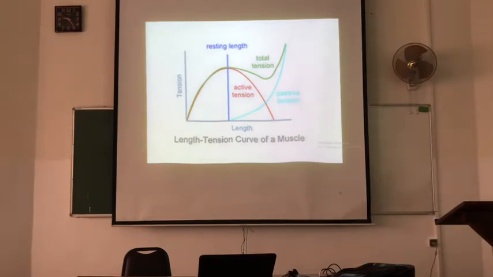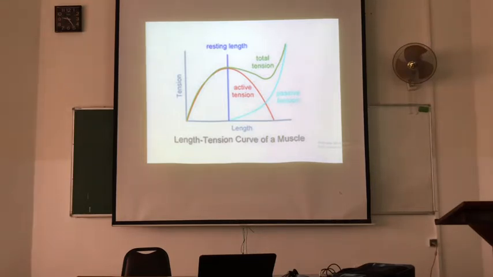We can record total tension, which is the passive plus the tension that can be developed by the stimulation process. By subtracting the two recordings, we can get what we are calling the active tension, which represents the tension by stimulation of that preparation.